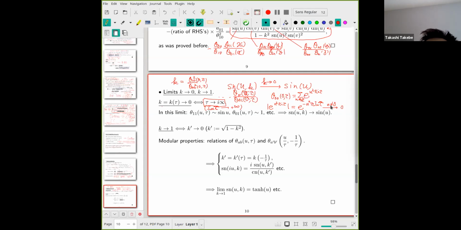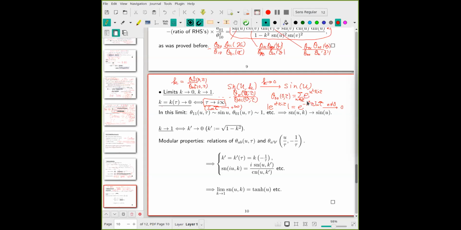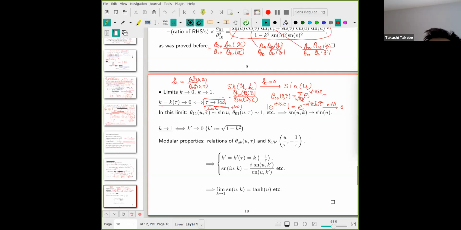If n is not 0, then this exponent goes to minus infinity, so it is 0. So this converges to 1 when tau goes to infinity.